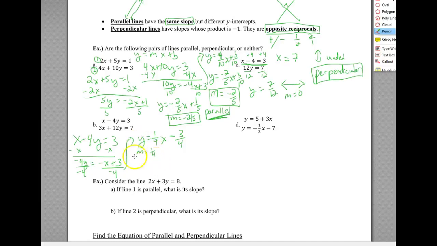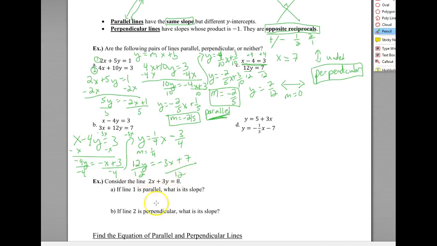Let's look at the next one. 3x plus 12y equals 7. Same thing, I'm going to start by subtracting that 3x from both sides and bring it down here because I'm running out of room. I'll have 12y equals negative 3x plus 7, and then divide by 12.